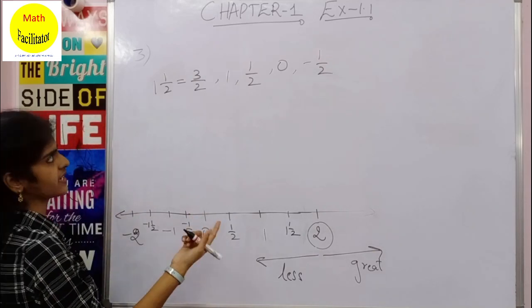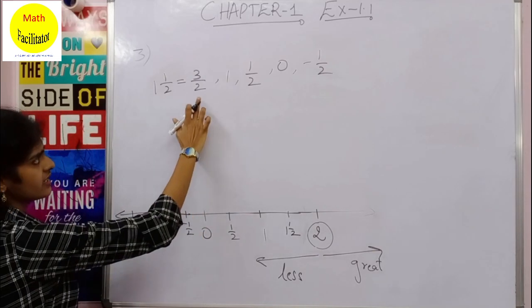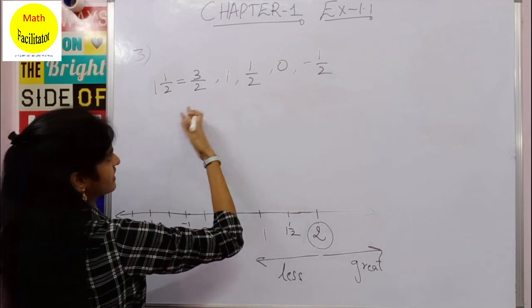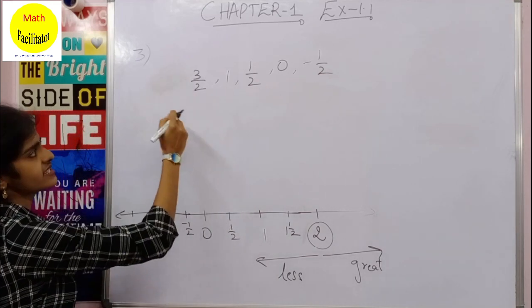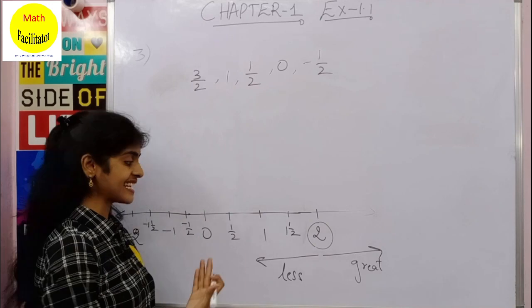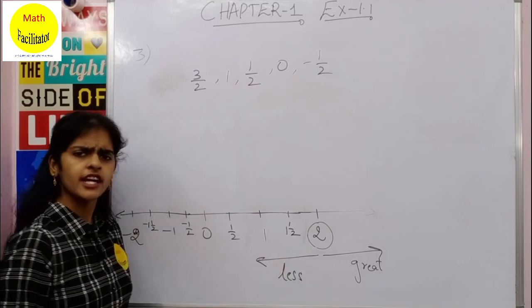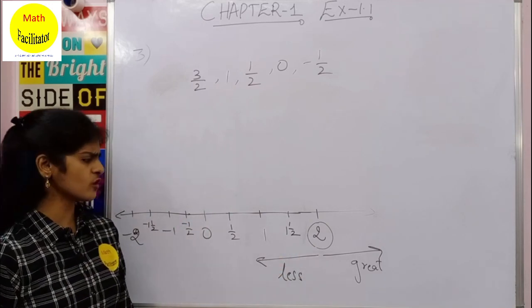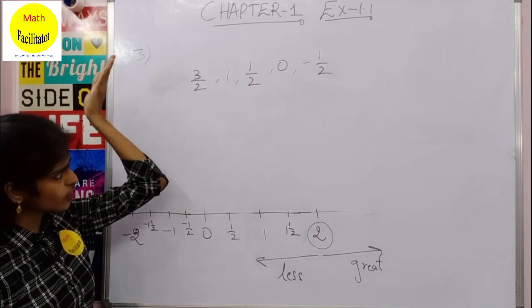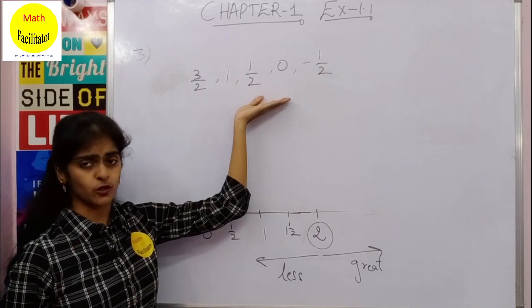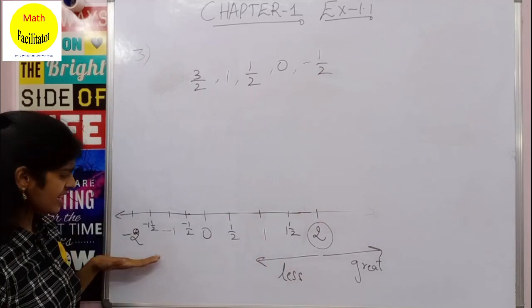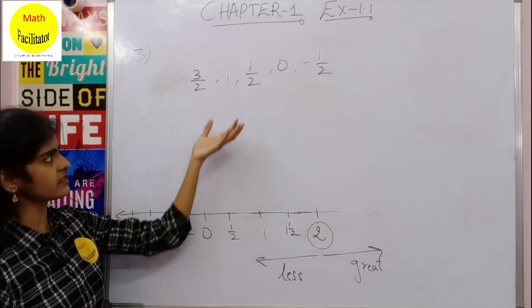Similarly you can take minus 1, but since you need only 5, these are enough: 1, 2, 3, 4, 5. These are the 5 rational numbers smaller than 2. You can take any rational number; there is no hard and fast rule that these are the only 5. There are many rational numbers, I am just considering these 5.